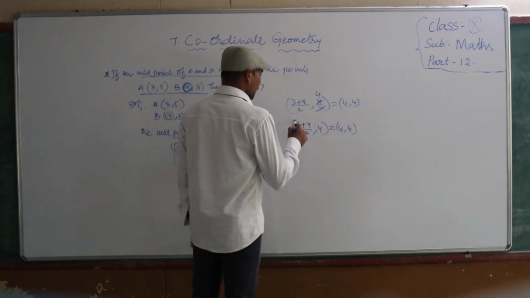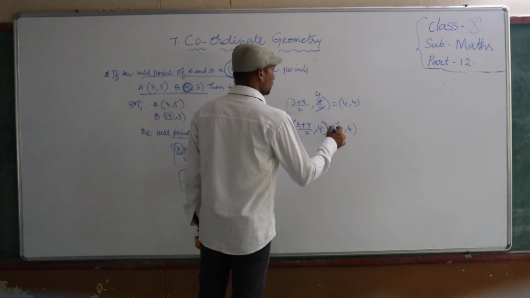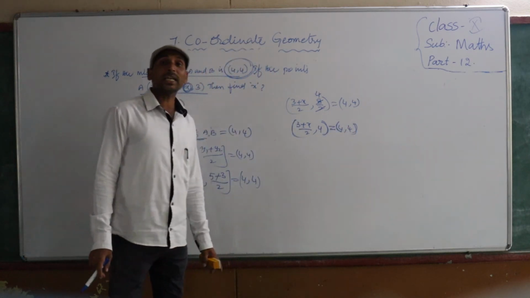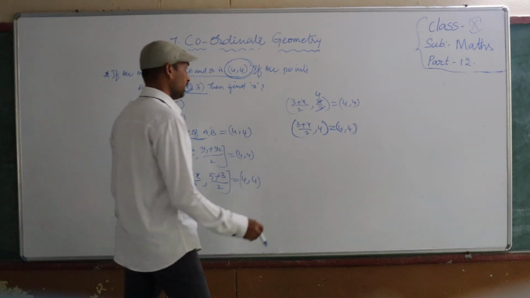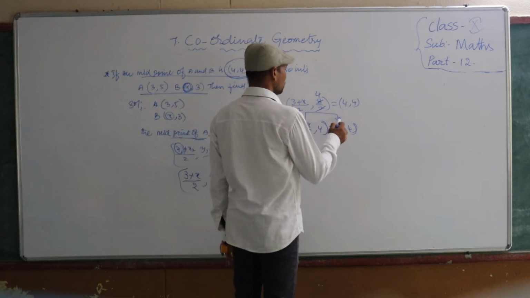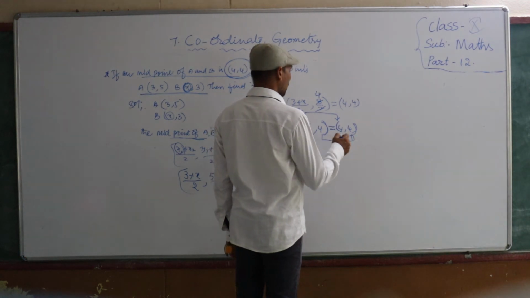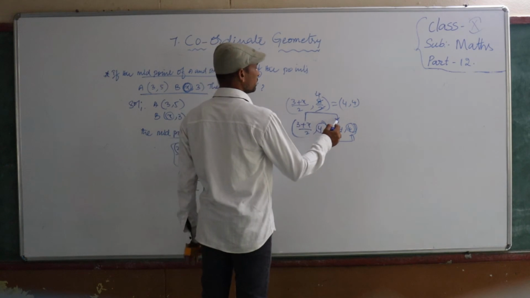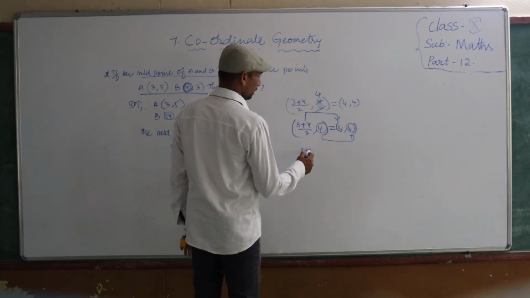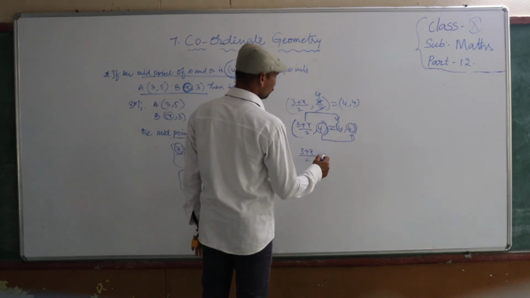See, where we are getting 2 points with the equal symbol, the corresponding coordinates are equal, means this is equal to this one, this is equal to this one. Already 4 and 4 are equal. Then we have to make these two equal, means 3 plus x by 2 is equal to 4.